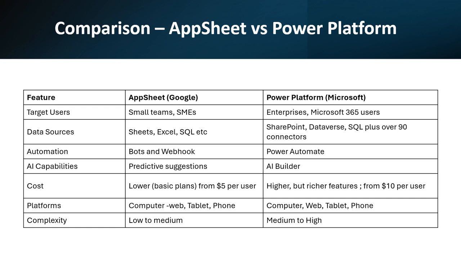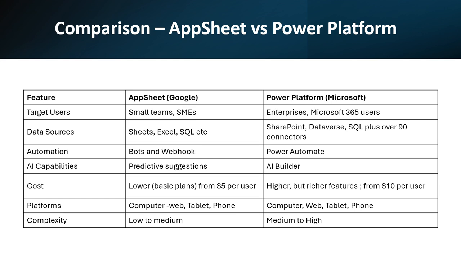Then on data sources, AppSheet supports Google Sheets, Excel, SQL, and other data sources, for example, Google BigQuery. Then Power Platform supports SharePoint, databases, SQL, plus over 90 connectors. In fact, over 190 connectors are supported. Then on automation, Google AppSheet supports bots and workflows.